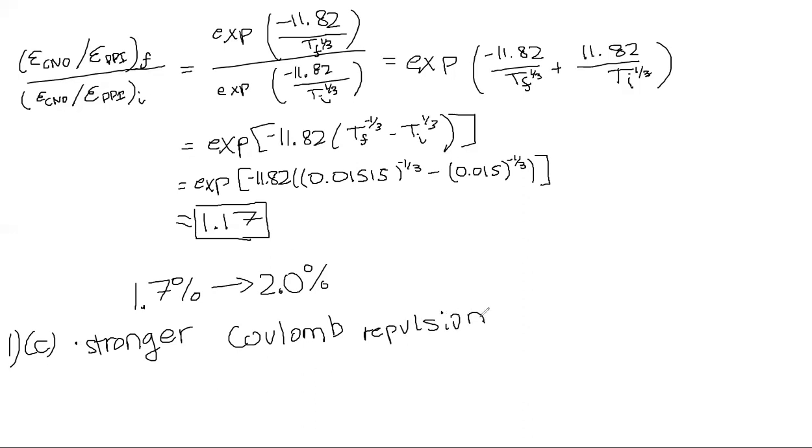And I'll just finish writing that. Stronger Coulomb repulsion. Carbon, nitrogen, oxygen.